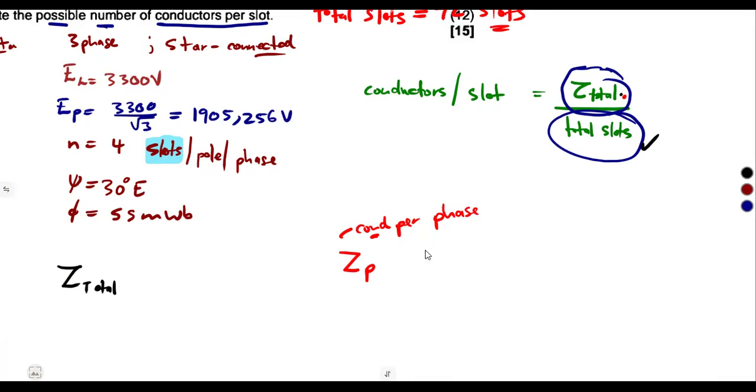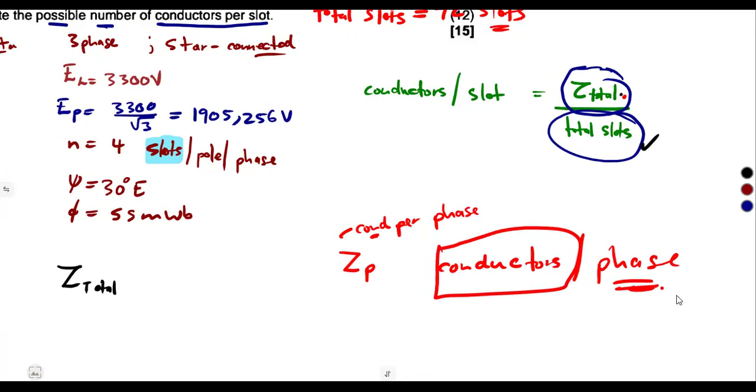So meaning to say, remember, we are saying conductors, guys, per phase. I want you to see here, per phase. As we need these conductors, to remove this we must multiply by the phase.